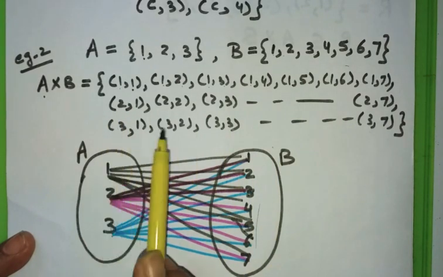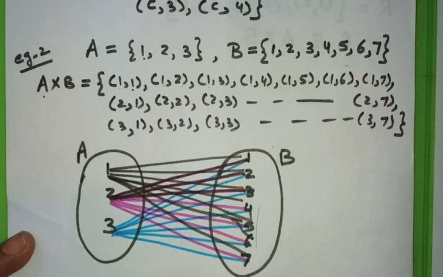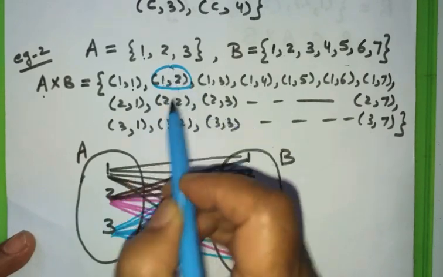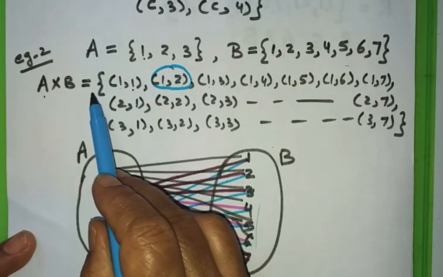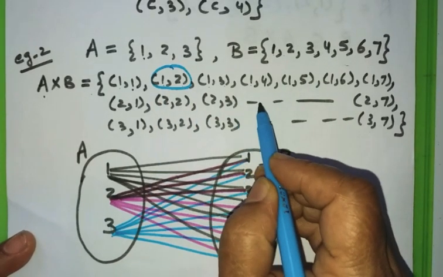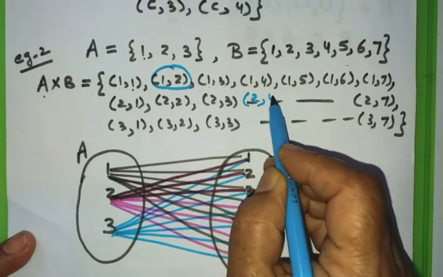And when I wrote set R, as I showed you right now, it was given to us that only those ordered pairs from A cross B will come which follow the relationship that the second element is double the first. So, which elements of A cross B have we written in R? We have written (1, 2), and here I have written dashes, but (2, 4) was here.